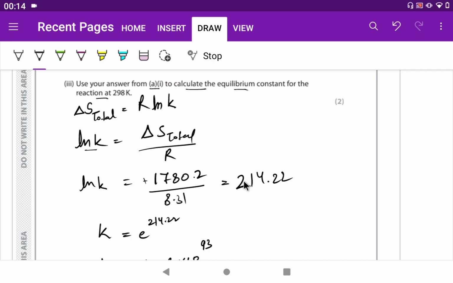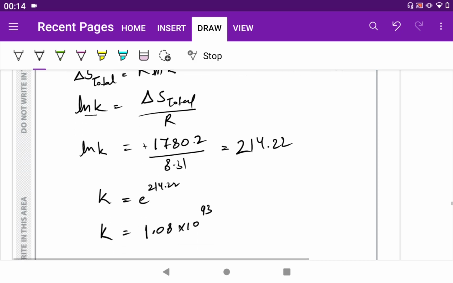After calculation we get 214.22. Now to find K from ln K, K will be e raised to this, and after calculating we get K equal to 1.18 times 10 raised to 93.